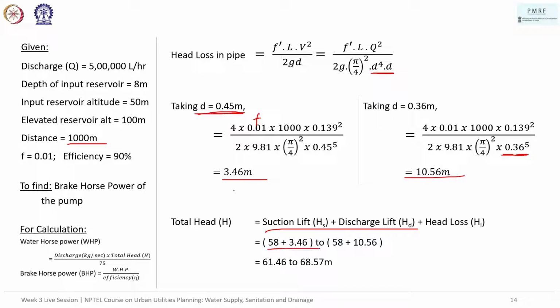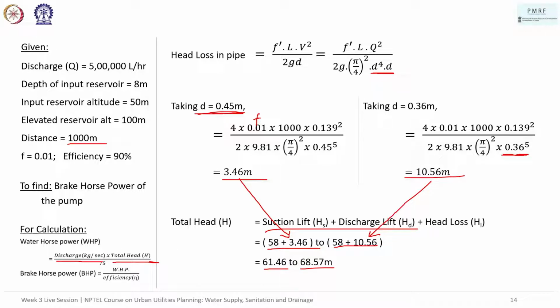This is from this value, and this is from this value, right? So we are getting two different values of total head. It is either 61.46 to 68.57 meters.